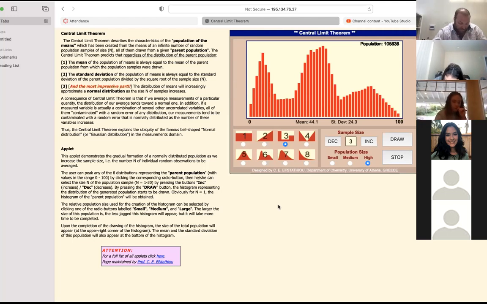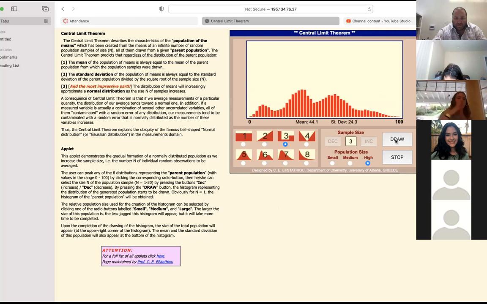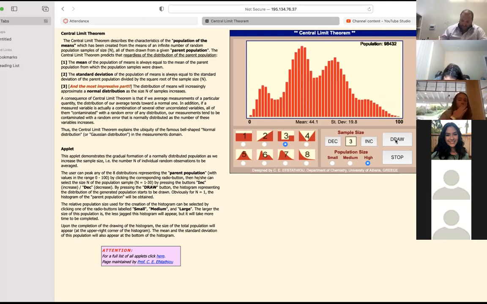I got 19.86, but maybe I just use more decimals than you. But let's see what it says for sample of size 3. It gives me 44.1 again, and this time 19.8, which is still ballpark what we expect, correct?